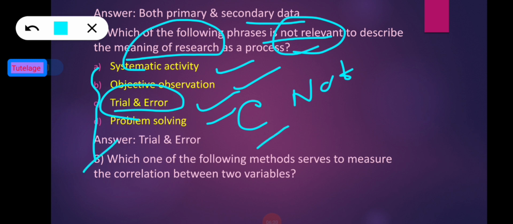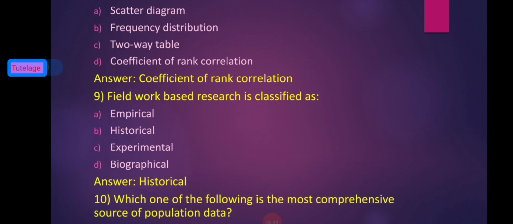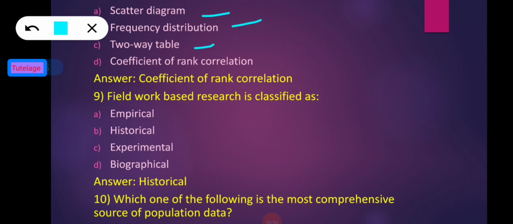And now going to the next question. Which one of the following methods serves to measure the correlation between two variables? So, which method helps to measure correlation between two variables? Okay, so now going to the options in the next slide. There are four options: scatter diagram, frequency distribution, two-way table, and coefficient of rank correlation.